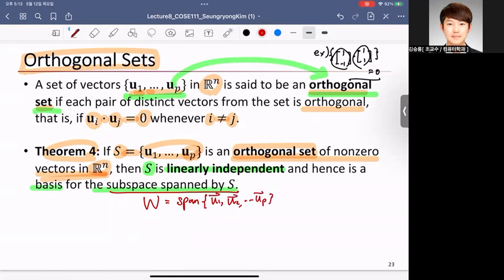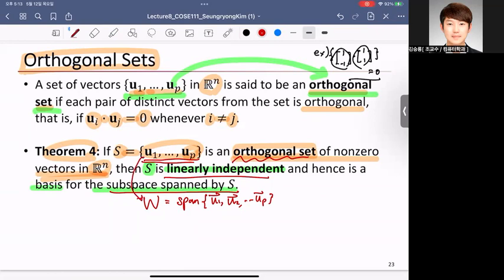Then if this is an orthogonal set, it is linearly independent, and it is a basis for the subspace.